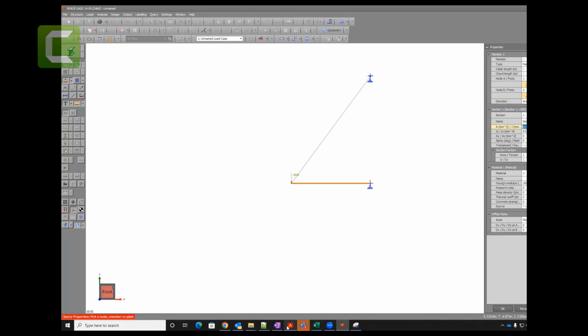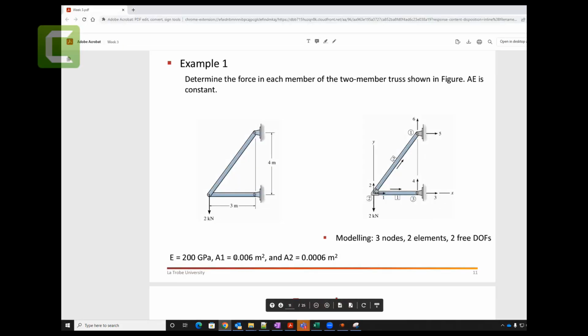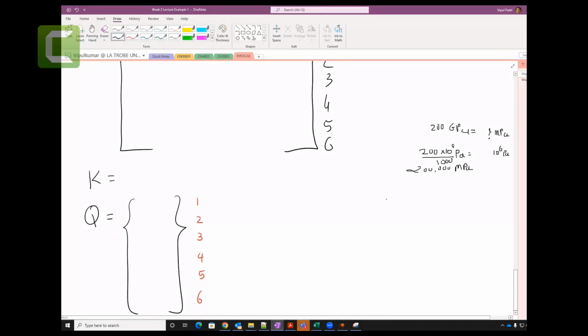So how much millimeter square do you get? You have 0.006 meter square, and we want it in millimeter square. So 0.006 times 1000 times 1000 again to get it into millimeter square, because 1 meter square is this.